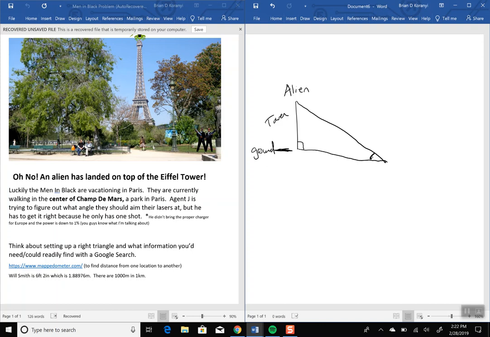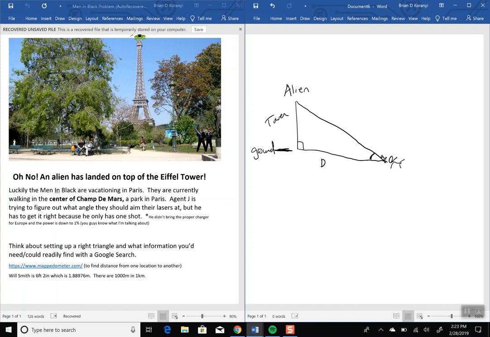So when you are finding this angle, the angle is going to be from the ground up to the alien, which isn't necessarily what we want unless Will Smith, or whoever it is, is lying on the ground and has the gun pointed up from the ground. So maybe they have a little sniper set up, who knows, where they're trying to shoot from the ground. If that's your assumption, then finding the angle just straight from the ground is fine, and you really don't have to worry about the height of Will Smith.